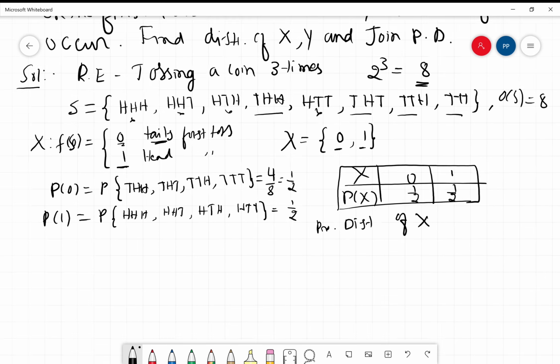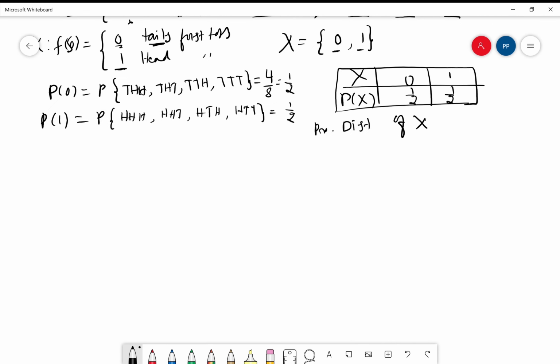Now, let us consider the probability distribution of y. How is the variable y defined?